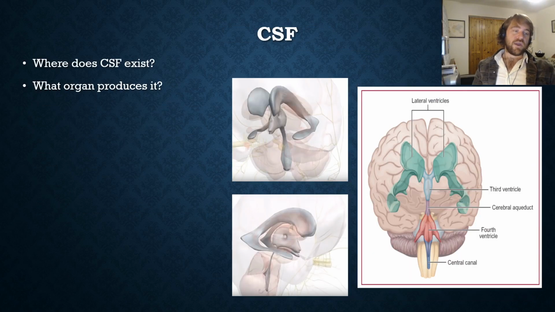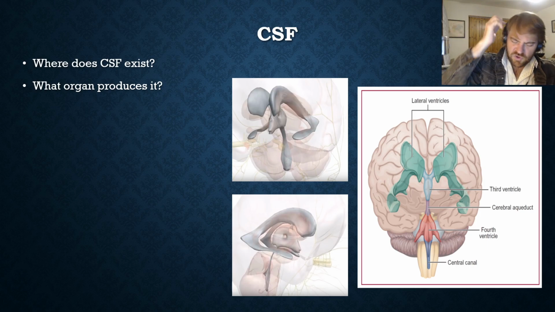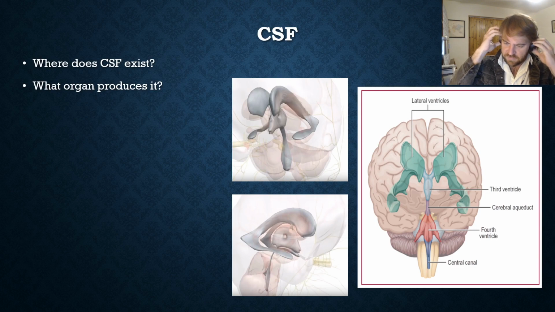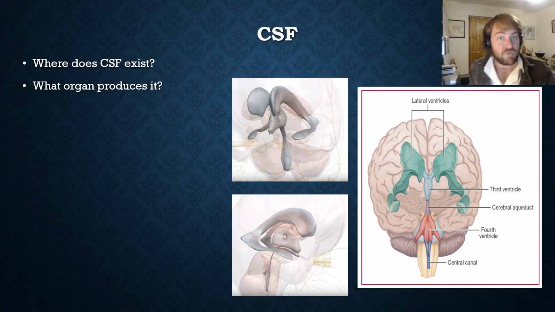Okay, where does cerebrospinal fluid exist? We have 2 videos on this because I like to be redundant about cerebrospinal fluid, and so probably you know the answers to all these questions. Cerebrospinal fluid exists in the ventricles, right? And in the subarachnoid space. What organ produces it?